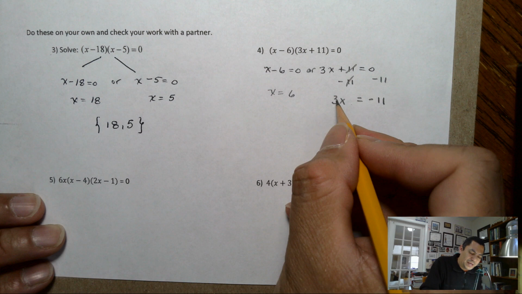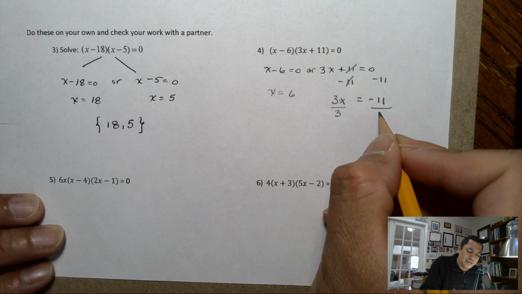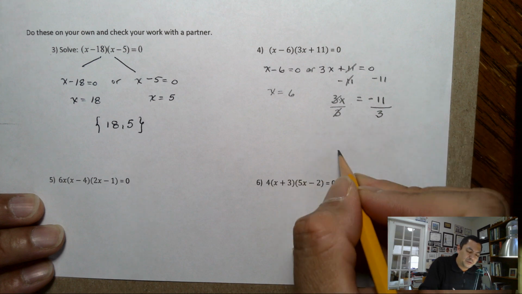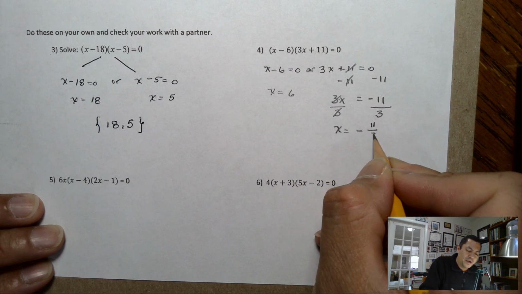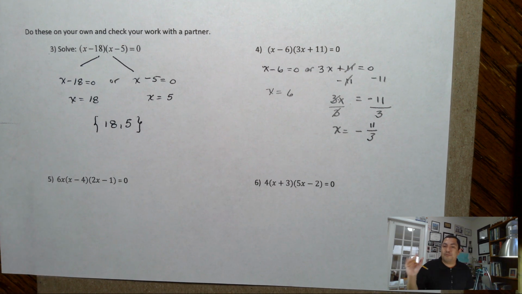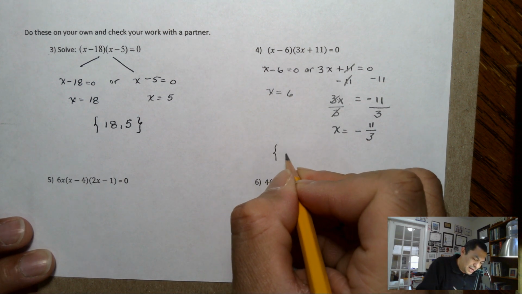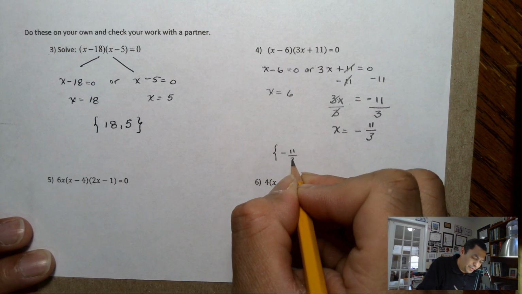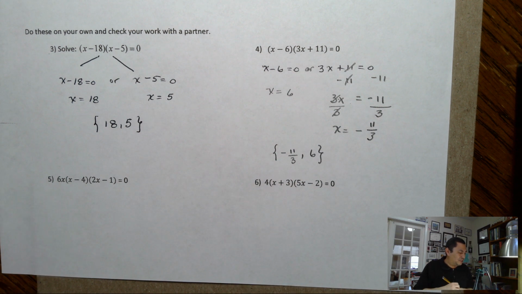Then 3 is multiplying, so we divide, the opposite of multiplication. 3 divided by 3 is 1, so x equals negative 11 over 3. So my zeros, my roots, my x-intercepts are negative 11 over 3, comma 6. That's my solution for this problem.